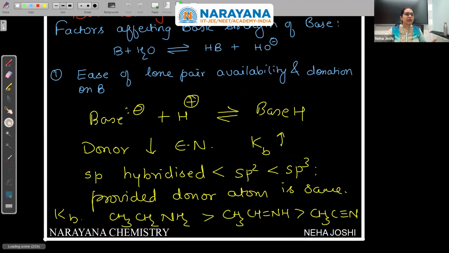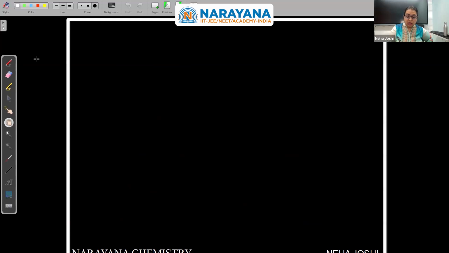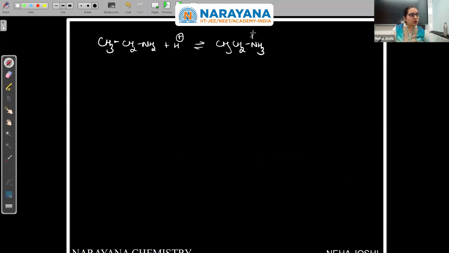I can simply say that it will be a bad base because if I form CH3CH2NH2 plus H plus, we have an equilibrium: CH3CH2NH3 positive, and CH3C triple bond N. When I donate H plus to this, I get CH3C triple bond NH positive.